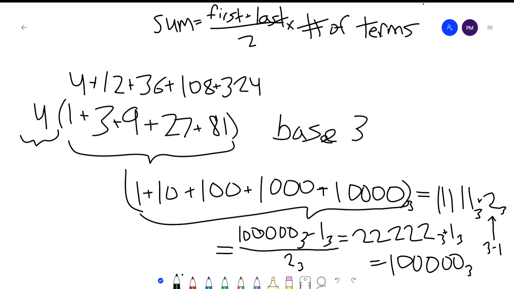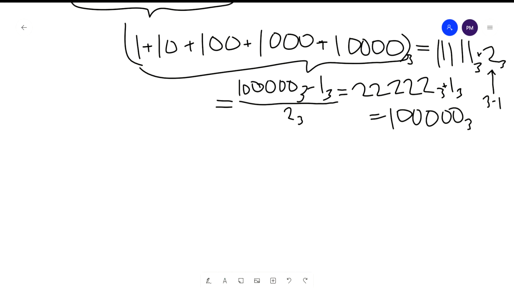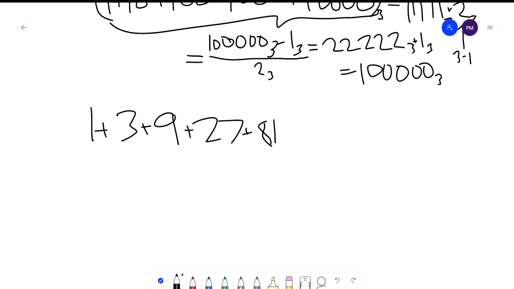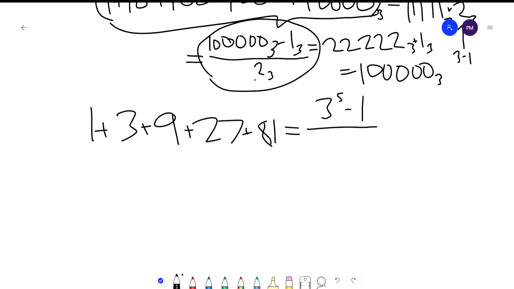So now we have that. So we got that 1 plus 3 plus 9 plus 27 plus 81 equals, if you convert this expression into base 10, 3 to the 5th minus 1 divided by, well, let's just call this 3 minus 1, because that's how we constructed it.